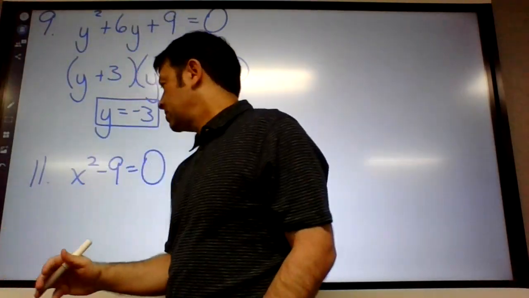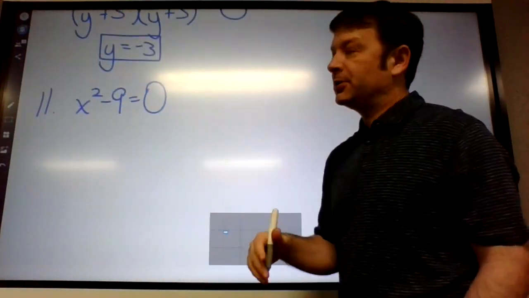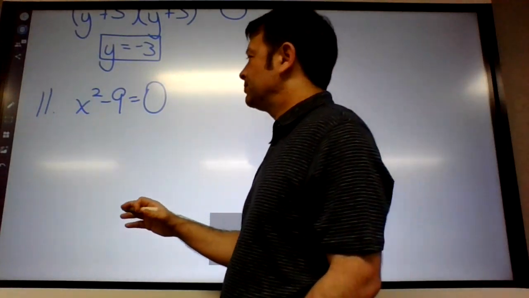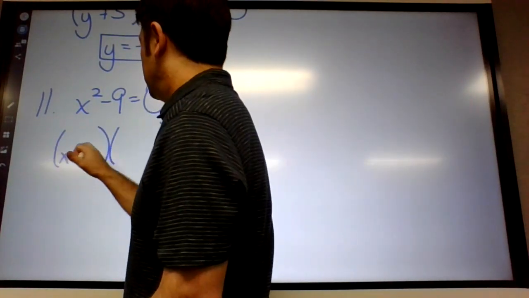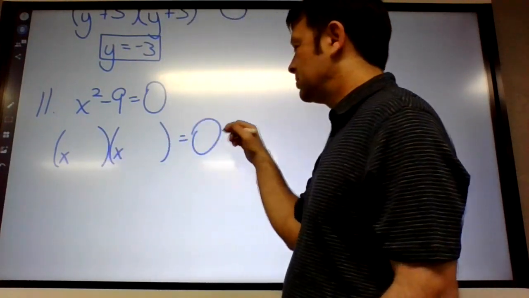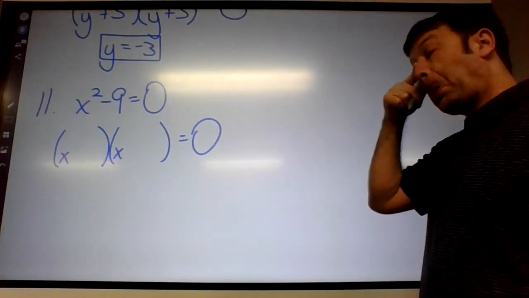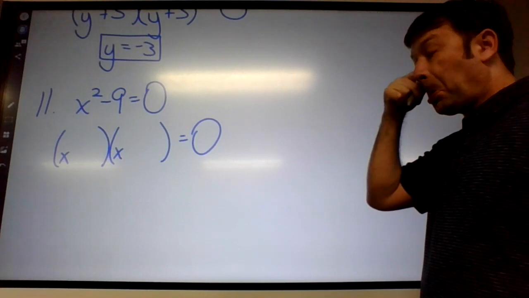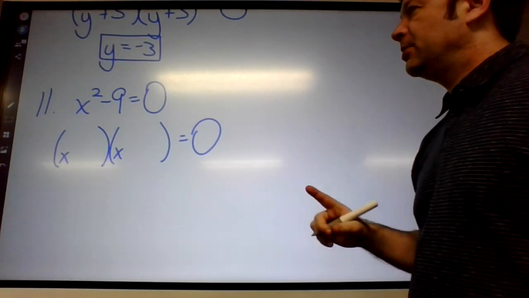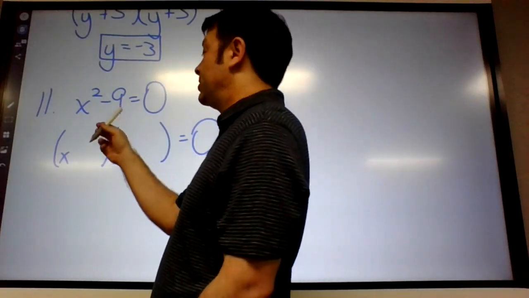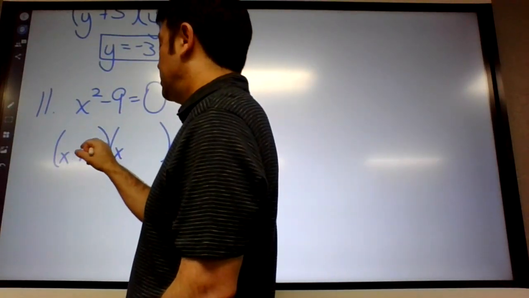All right. Leah, do you remember how this one factors? X times X. No. What times what equals 9? 3. Well, and it's a negative 9, so it'd be like positive 3, negative 3.